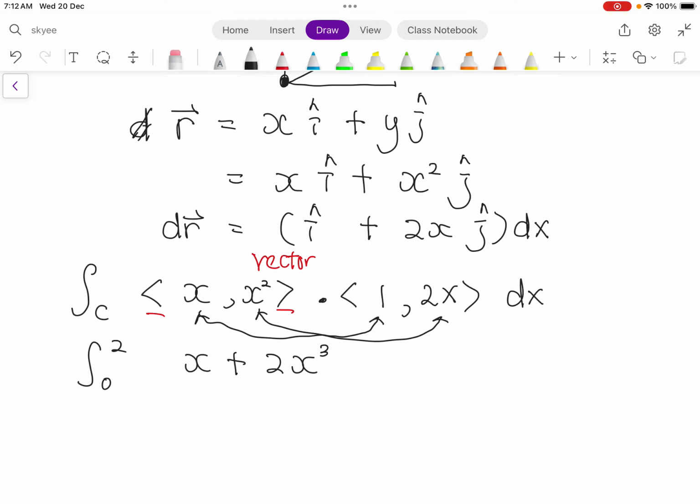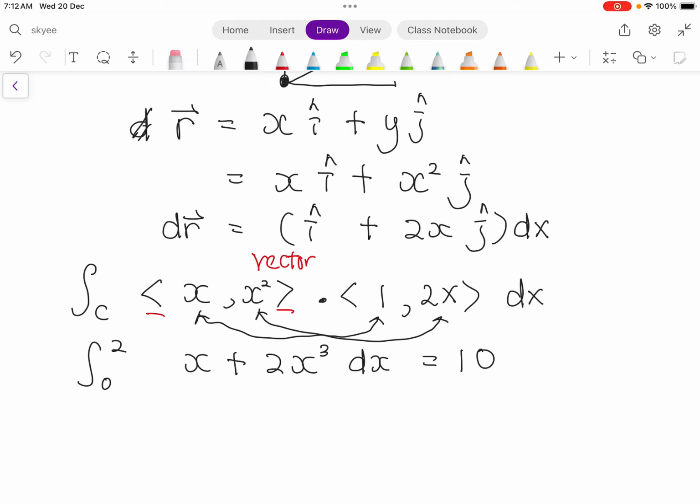So you can calculate this thing, which is also equal to 10.